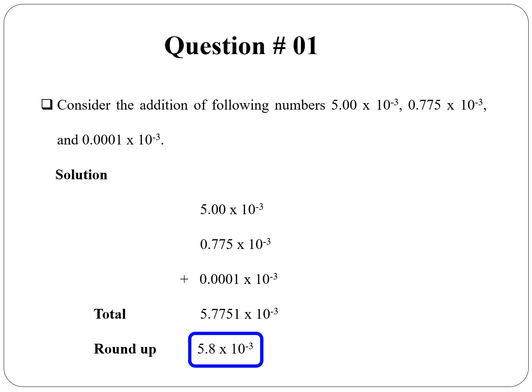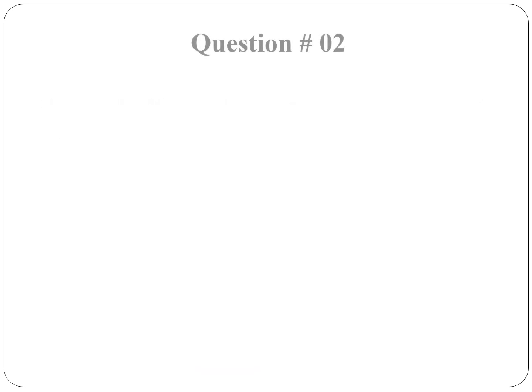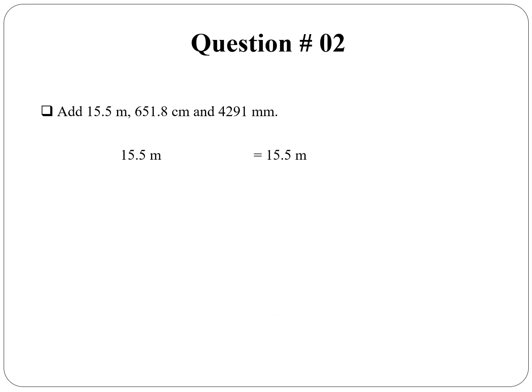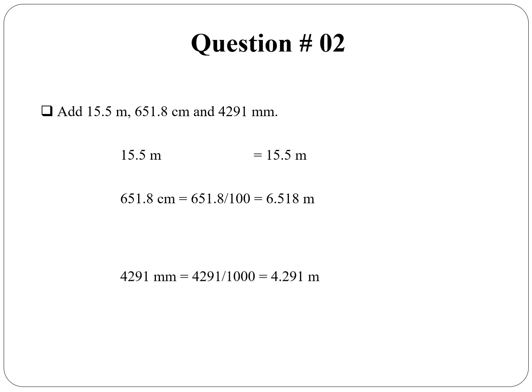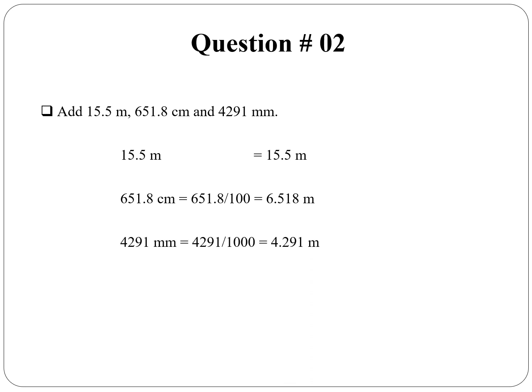Moving towards the next question. Here we will add all these, but you can see there are different units. So first of all, we will convert the units. Here 15.5 meter is equal to 15.5 meter, and we will convert 651.8 centimeter to meter, and then convert 4291 millimeter to meter.